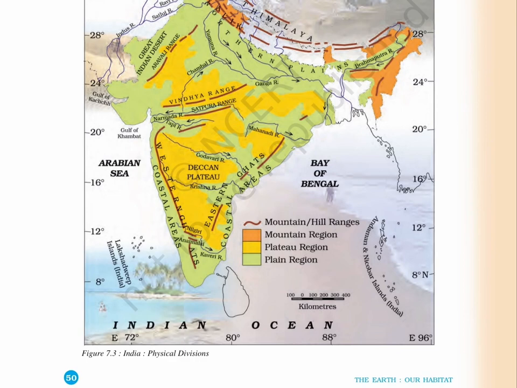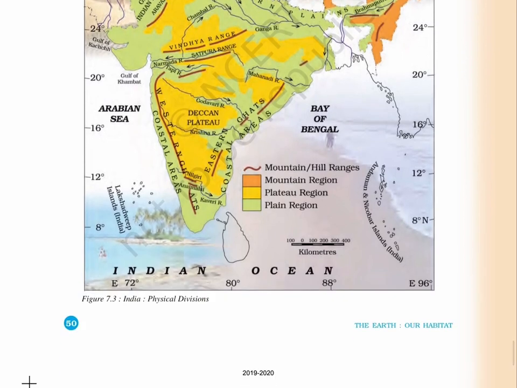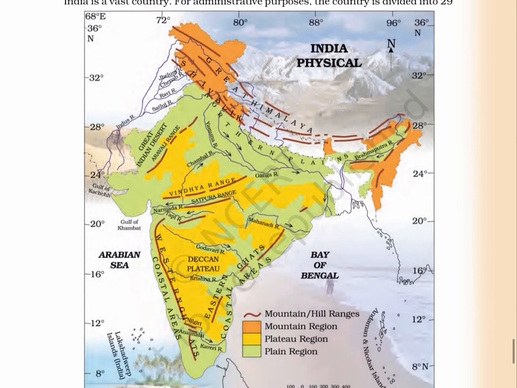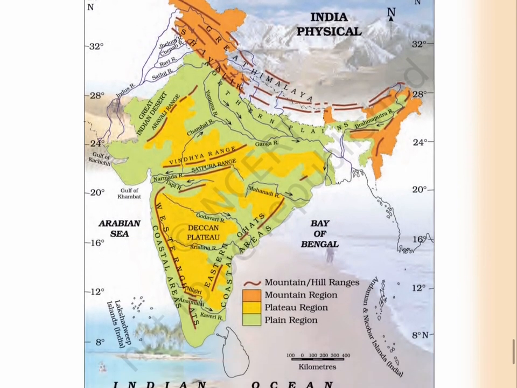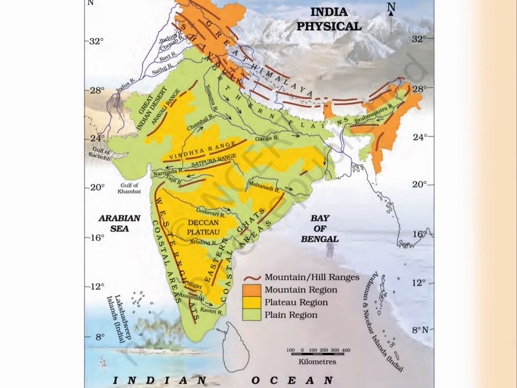We have the Great Himalayas, Shivalik, Northern Plains, Brahmaputra River, Yamuna River, Ganga River, Chambal River, Great Indian Desert, Aravalli Range, Vindhya Range, Narmada River, Tapi River, Satpura Range, Mahanadi River, Godavari River, Western Ghats, coastal areas, Deccan Plateau, Godavari River, Krishna River, Eastern Ghats, coastal areas, Nilgiri, Anaimalai, Kaveri River.